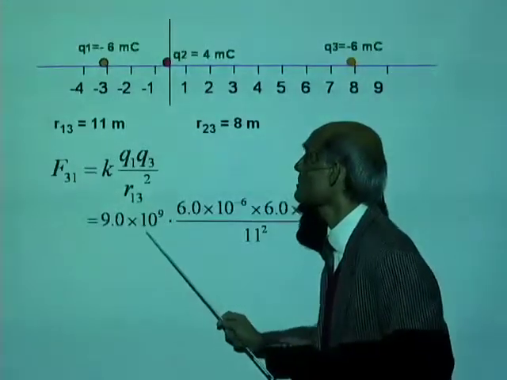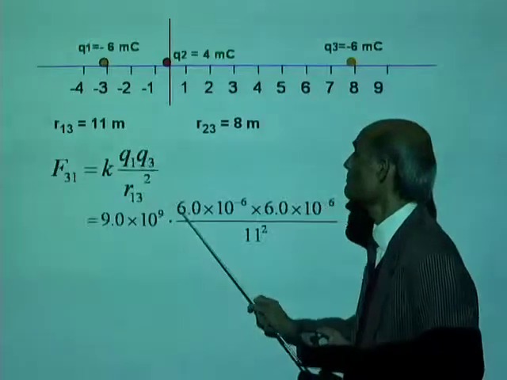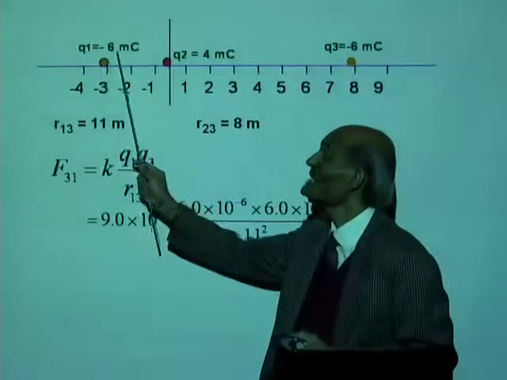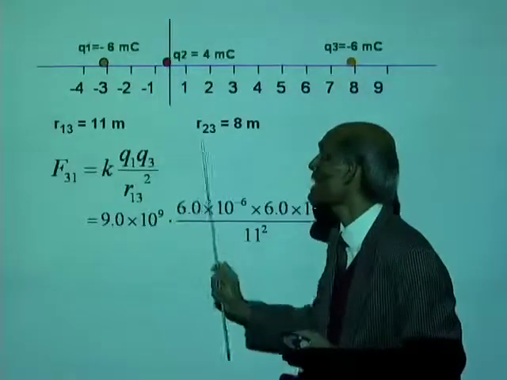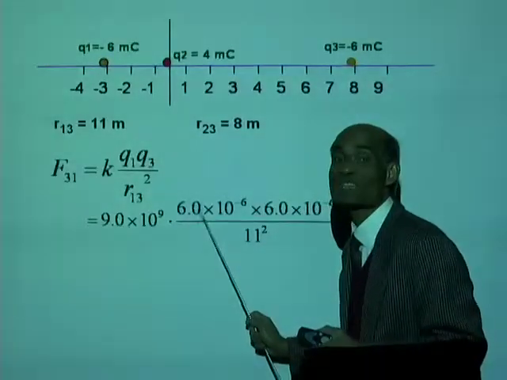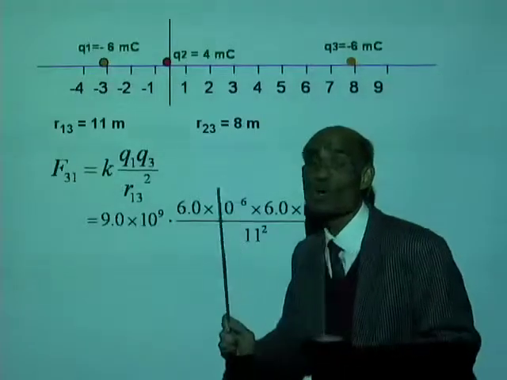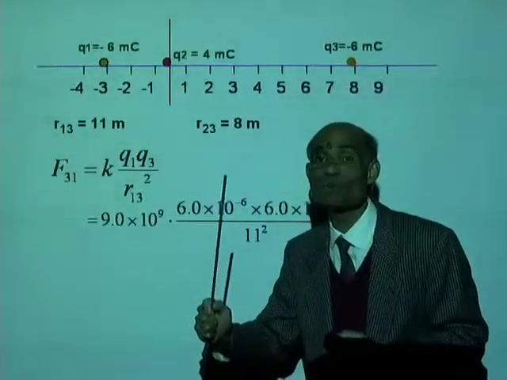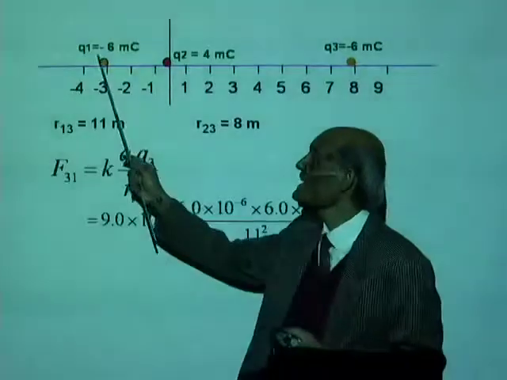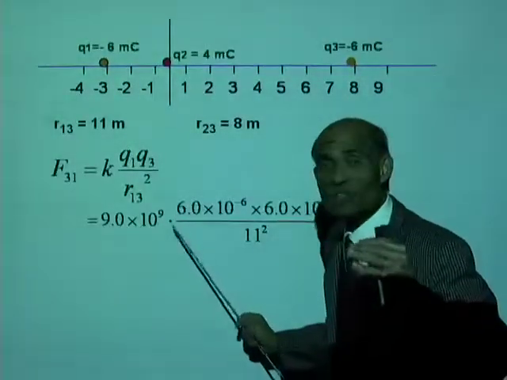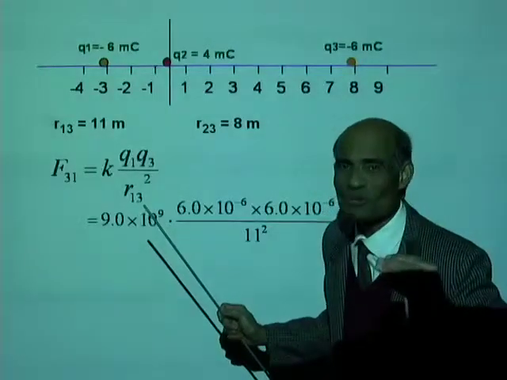K is 9 times 10 to the 9. We know the value of Q1. Now, look at this. Q1 is negative 6 microcoulomb. It is 6 times 10 to the negative 6 coulomb. Microcoulomb needs to be converted to coulomb. Why didn't I use the negative sign there? Because our first aim is to obtain the magnitude of the force.